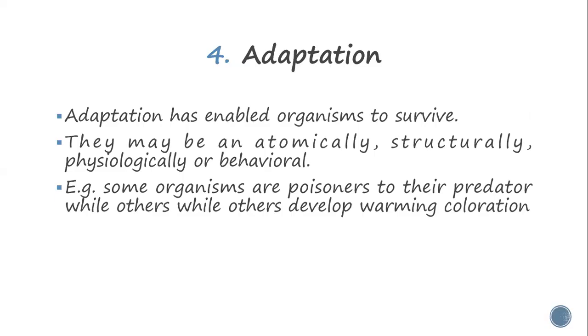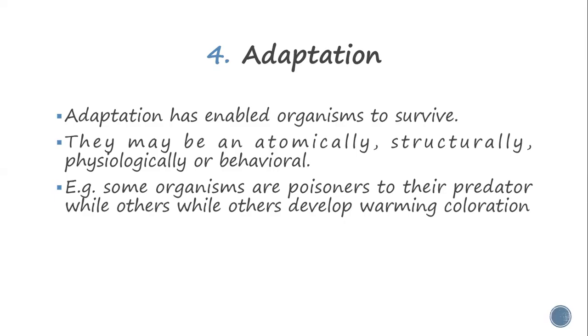Moving on, let's see the other form of interaction, that is adaptation. Adaptation is a kind of interaction among organisms that has enabled them to survive. They may be anatomical adaptations, structural adaptations, physiological adaptations, or behavioral adaptations.